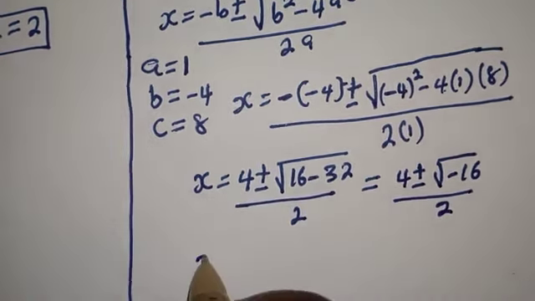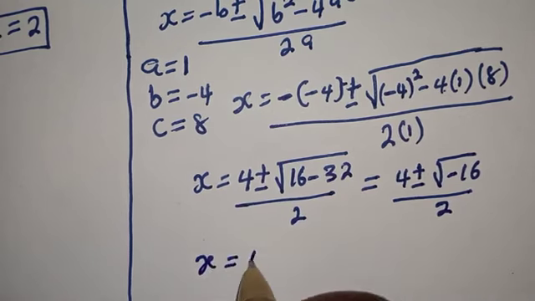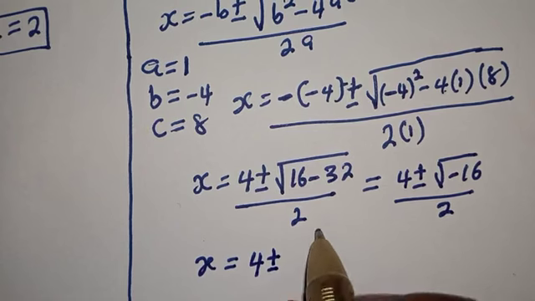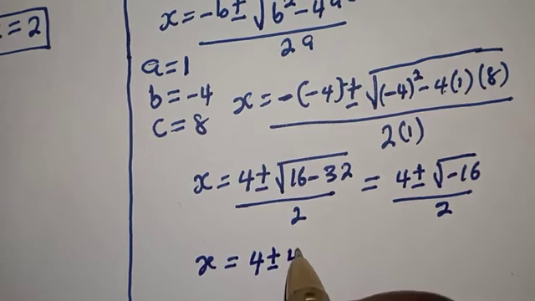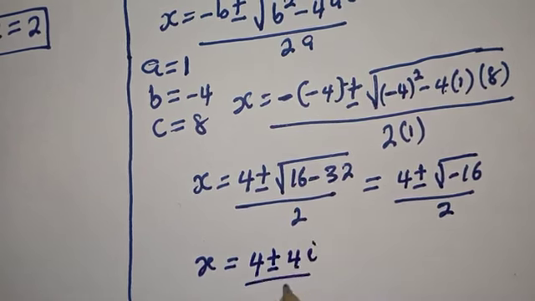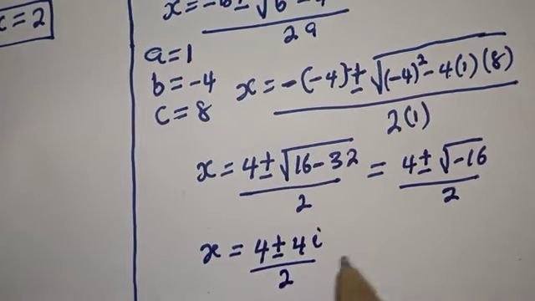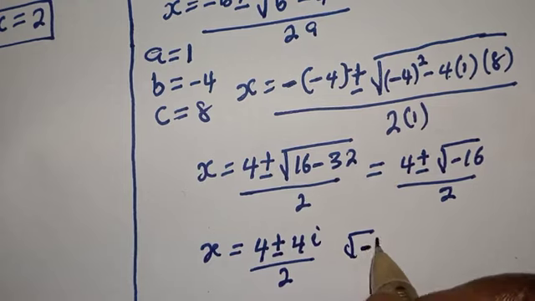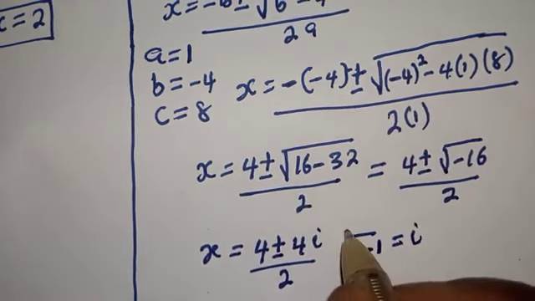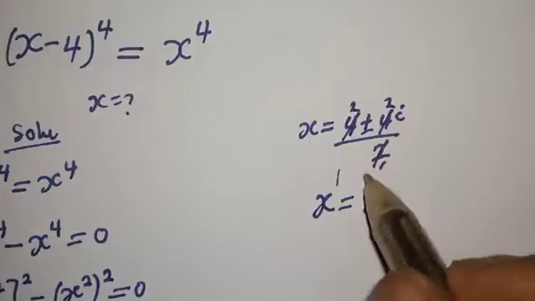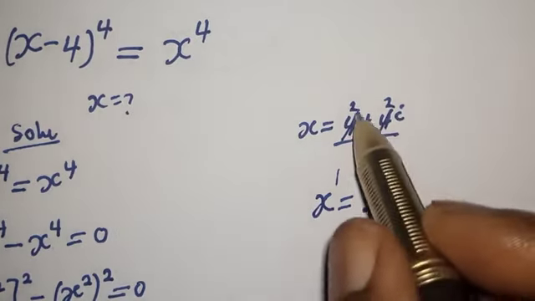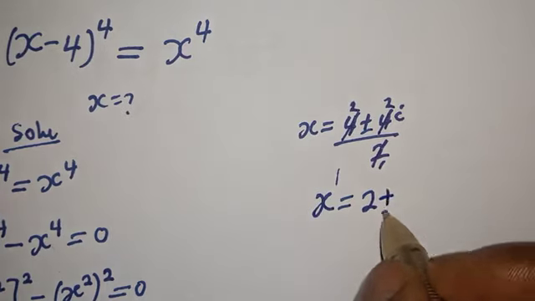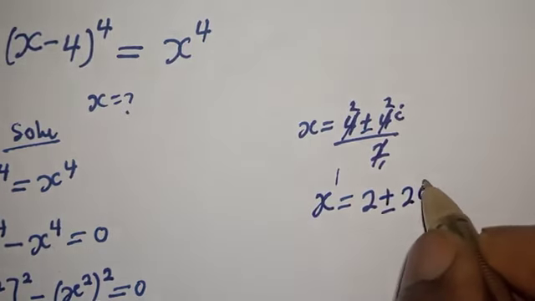Then s is equal to 4 plus or minus 4i over 2, because root of -1 is equal to i. And from here, 2 here 1, 2 here 2, and 2 here 2, s is equal to 2 plus or minus 2i.